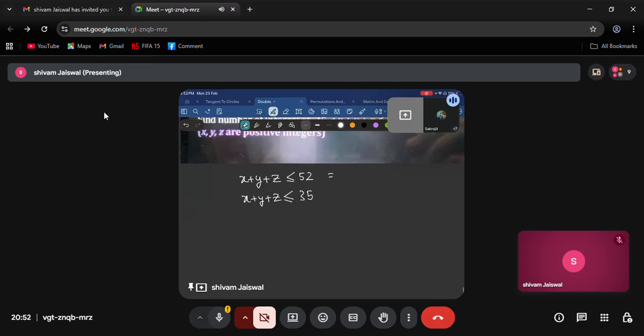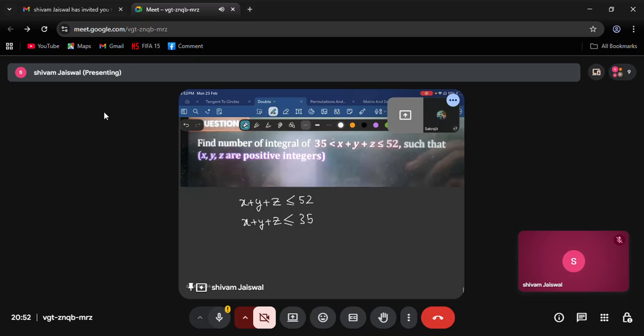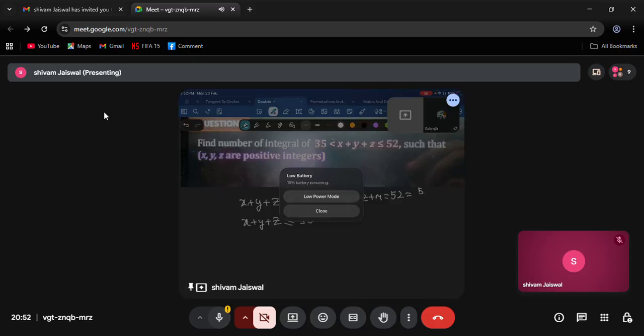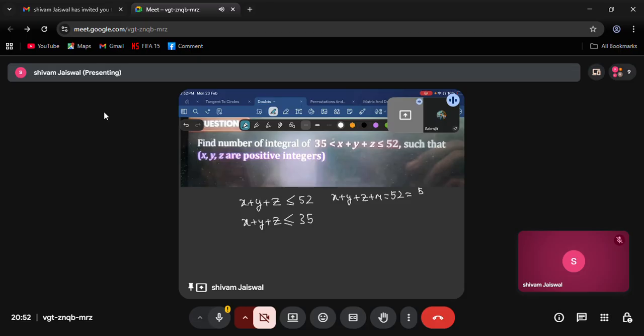So x plus y plus z plus n is equal to 52, which gives 52 plus 4 minus 1 choose 4 minus 1. Right? We can't take 0, only positive integers.